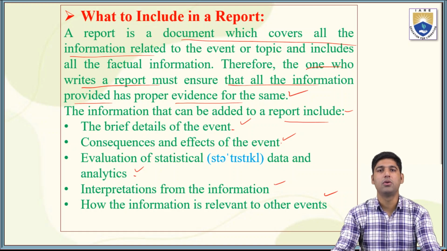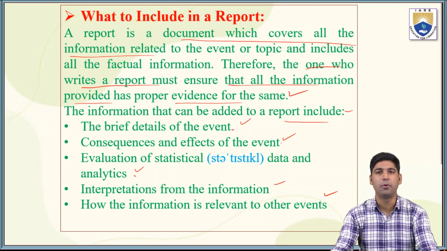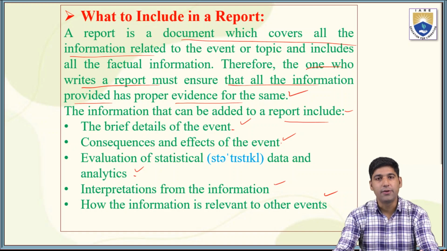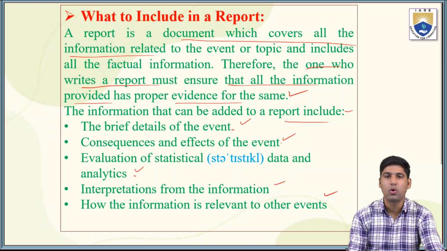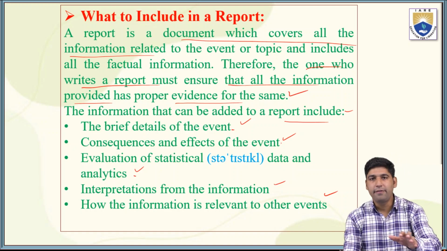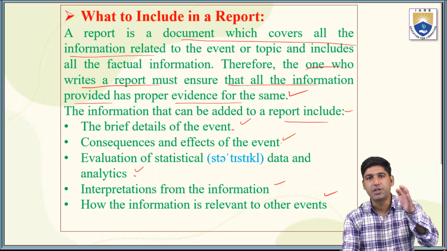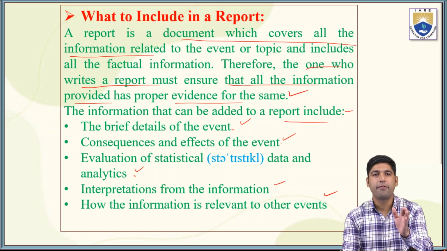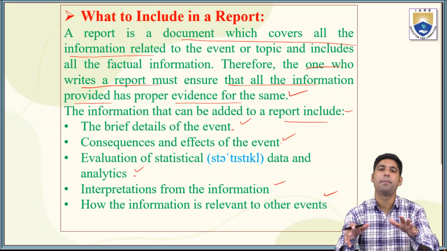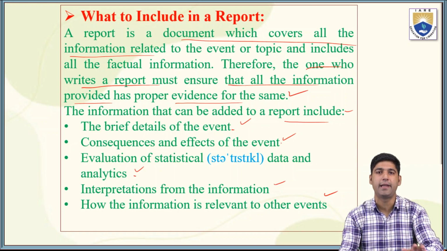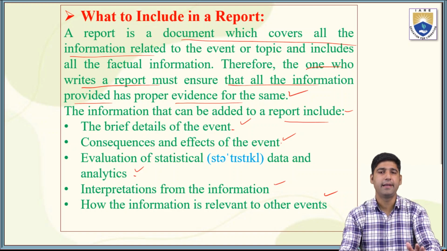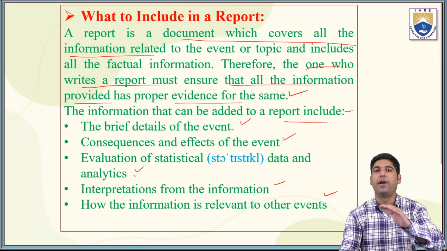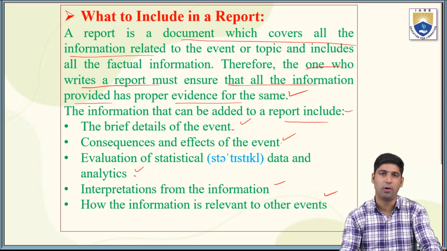One should also include this element in the report: how the information encoded in a particular report is relevant to other events, I mean all the events which were taken in the particular activity on which we are writing the report. So this information should favor all the events of the program.